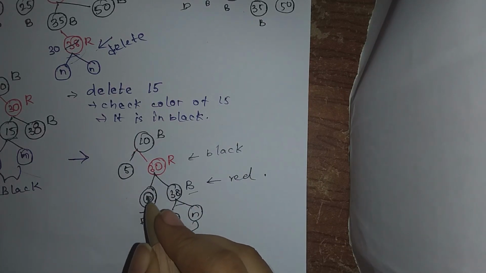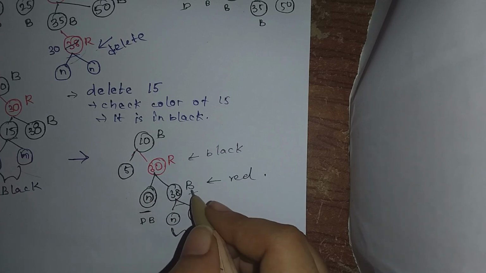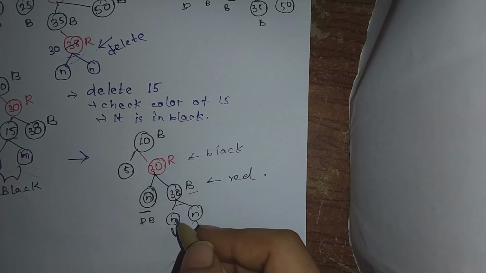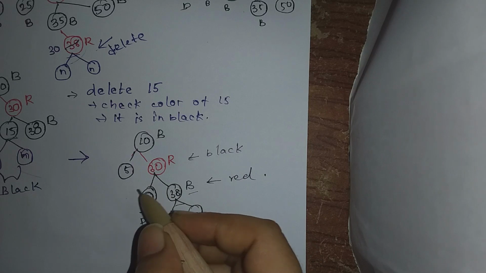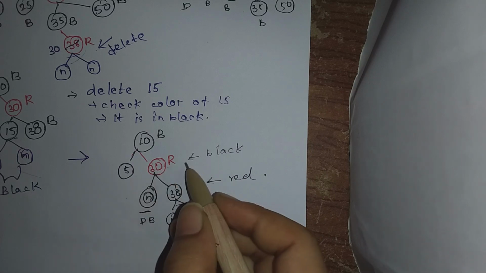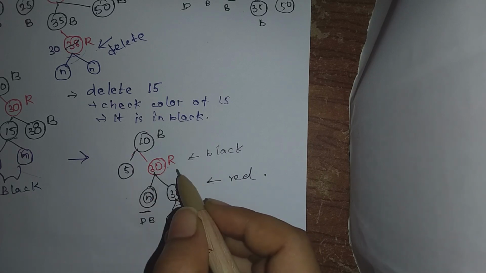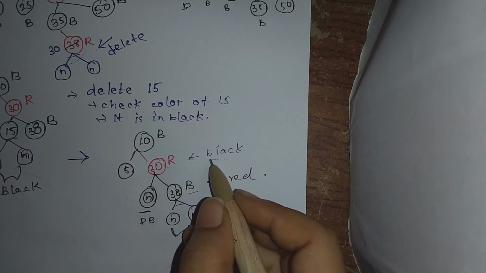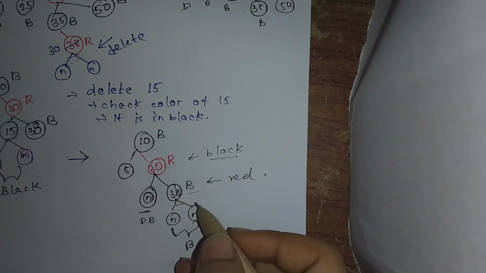The double black's sibling is black and both the sibling's children are black. Then we need to give this double black to the parent. If the parent color is red, it becomes black. And after giving this, the sibling gets angry and becomes red.